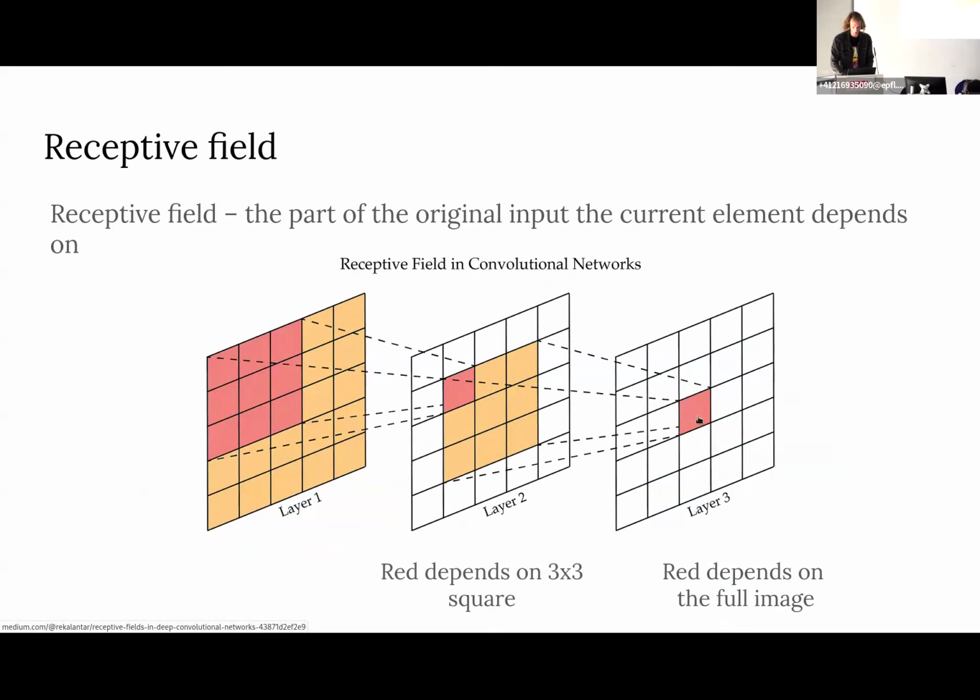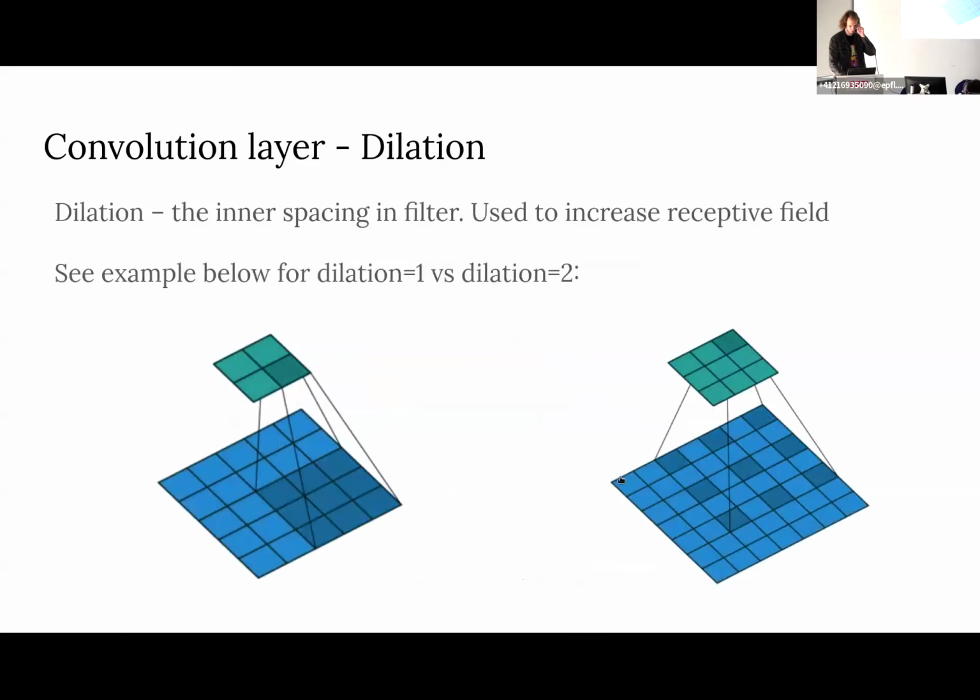And for this point, we need to know the whole input to calculate it. That's what the receptive field is. And because receptive field basically means how much information you use to make your decision, you probably want to have a higher receptive field. And with dilation, you put space in between elements in your filter to increase this receptive field.